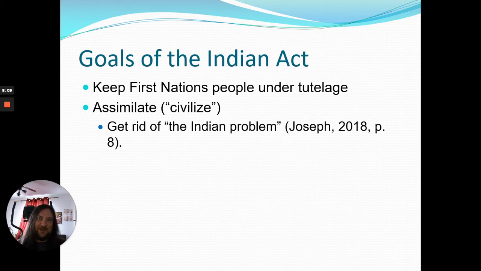They also, and Bob Joseph points this out on page 8, they also wanted to get rid of the Indian problem. Because obviously, First Nations and other indigenous peoples being there, living their life according to their ancestral values, using the land in the ways that made sense in their cultures, that was a problem for the colonial powers before Canada existed, and then Canada itself, which wanted to expand, right?